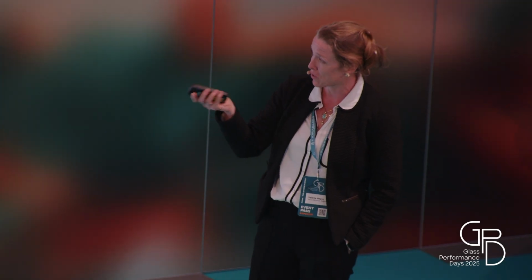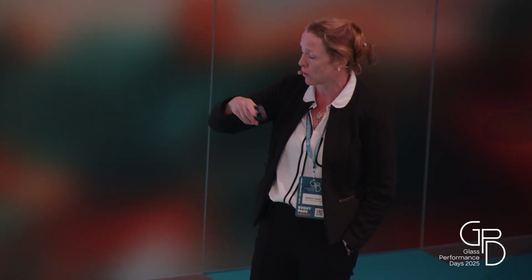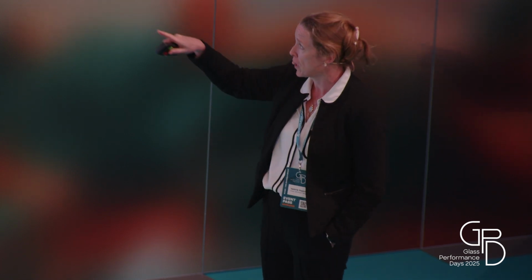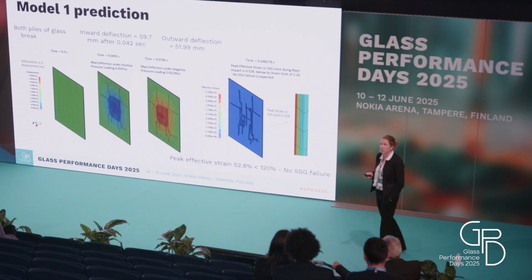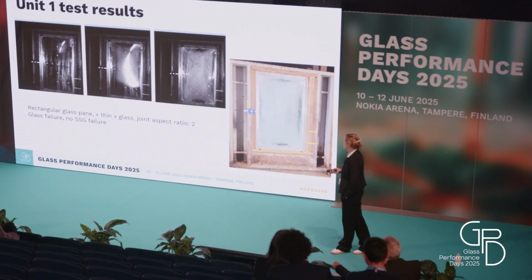So a few extracts of the simulations. We looked at the deflection values with the positive and the negative pressure, and we look especially at the peak effective strain in the silicone, because that is our failure criterion. For this first build-up, we predicted nothing would really happen to the SG, and indeed, this is what we observed.